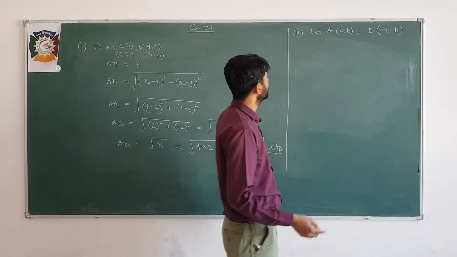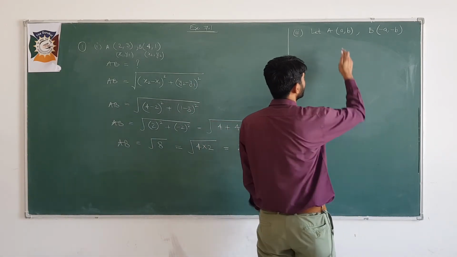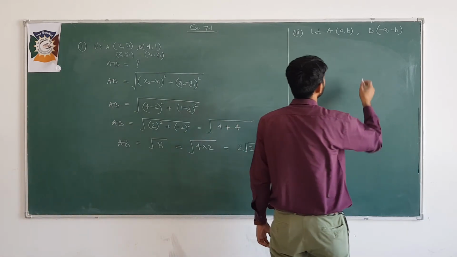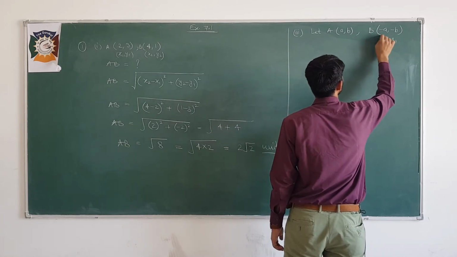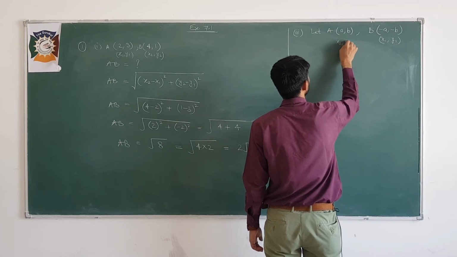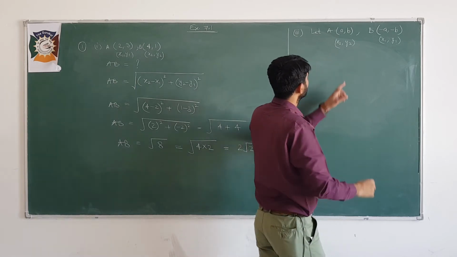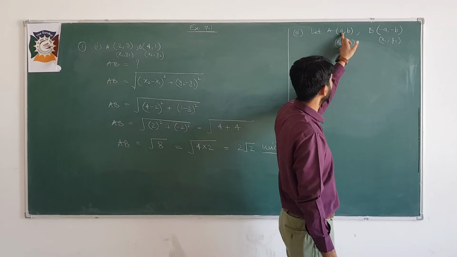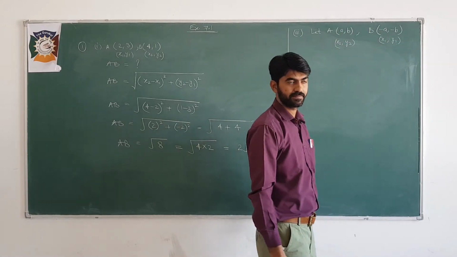So how can we find? Now see, we can take any of them as x1 y1. So if I take this one as x1 y1 and if I take this as x2 y2, so what is the difference by taking this? I will subtract x2 minus x1, so a minus of minus a will become plus a.